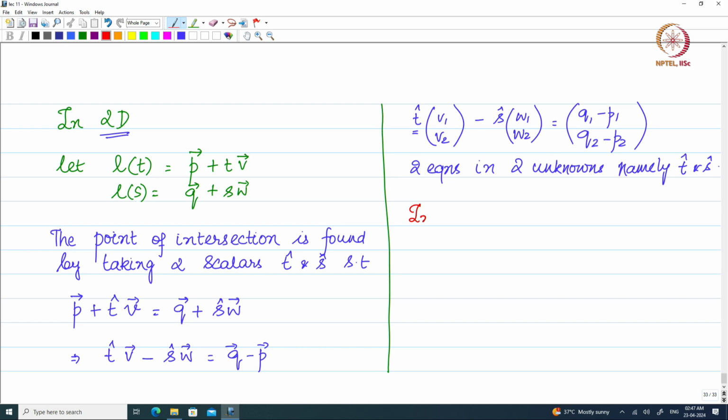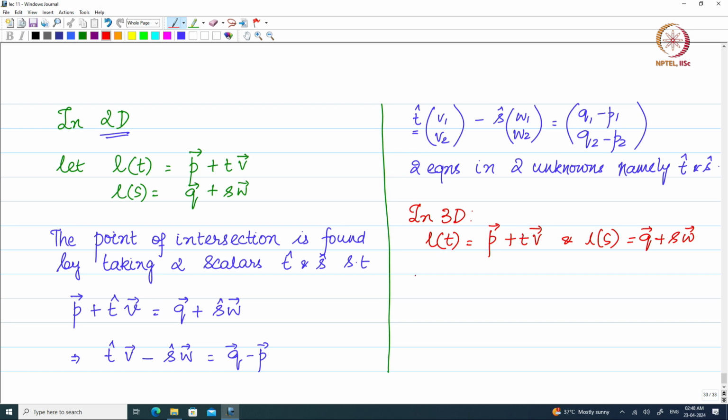In 3D also it is the same thing, whereas the points are going to have 3 components. So, I am going to have L of t, which is nothing but the same P plus tv, and L of s is equal to Q plus sw.